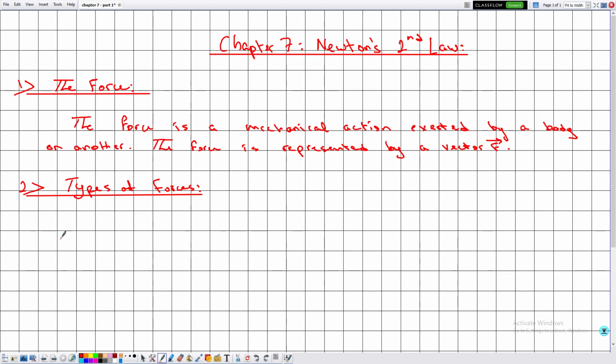A force F can be classified as a contact force or a force acting from a distance, or acting at a distance.